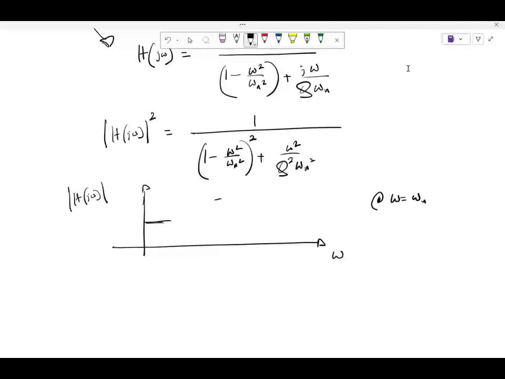And far beyond omega equal to omega n, what will be the approximate transfer function? At omega much, much greater than omega n, how can I approximate? Which will be the dominant term?